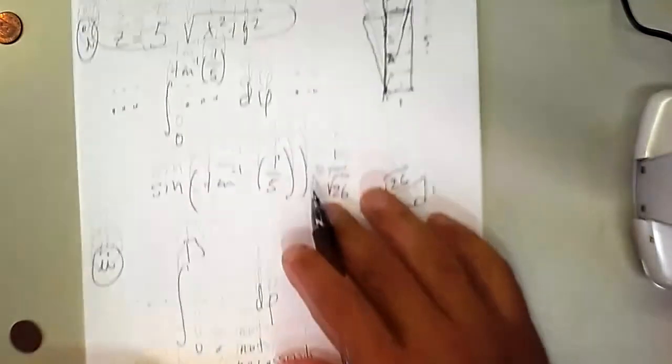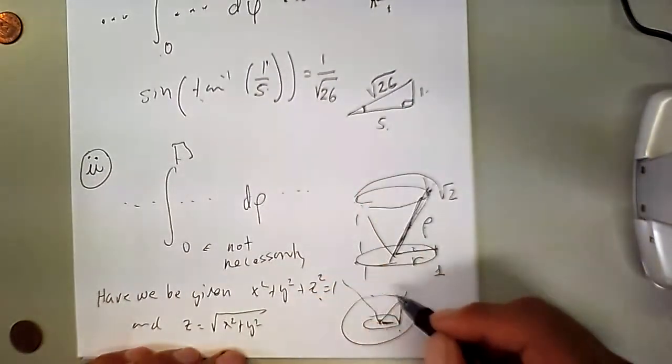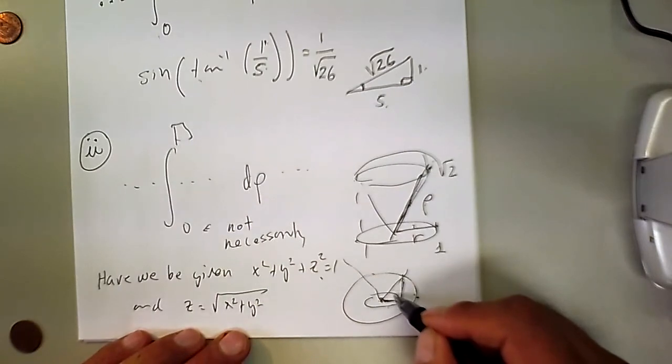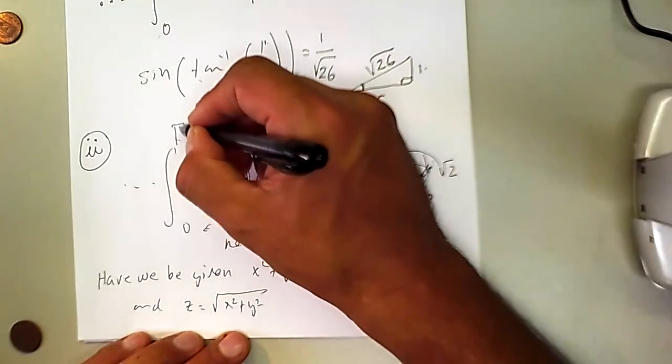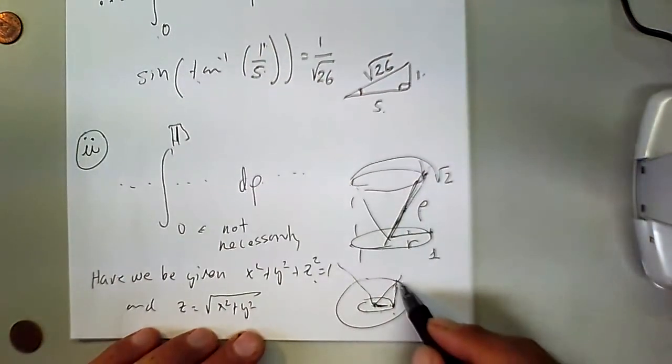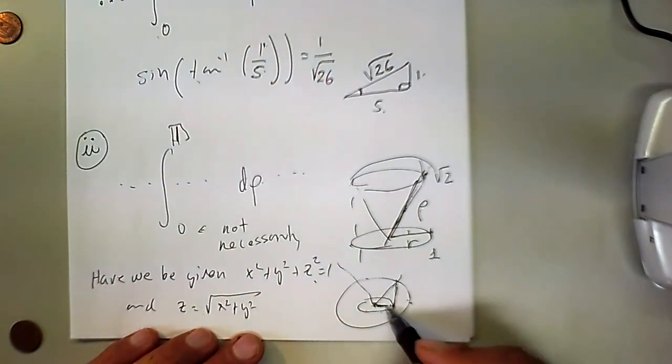Otherwise, you got to use some kind of arctangent. So watch out. The farthest distance for rho would be 1 in this case. But if you were using cylindrical coordinates, and you were using r, then r would go from 0 to 1 over the square root of 2.